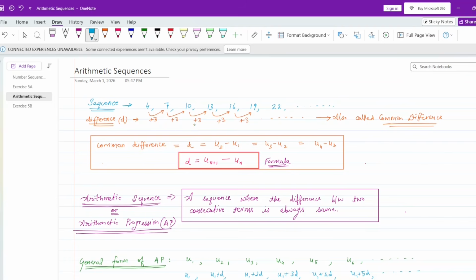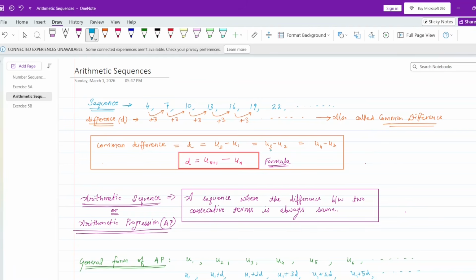This positive 3 in each step is called the difference. We denote it with the letter d. It is also called the common difference. So from here we can see the common difference d can be written as u2 minus u1.